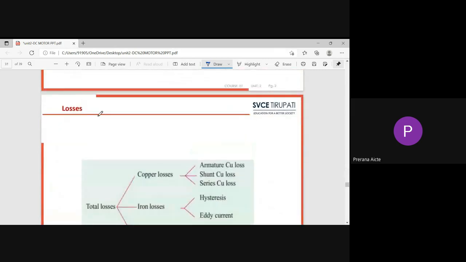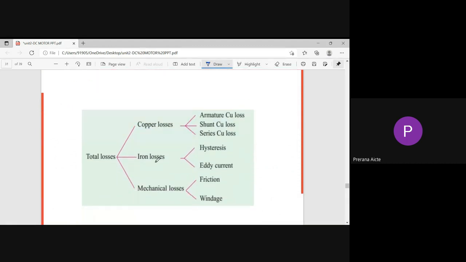Next topic is losses. Generally, what are the losses here? Total losses of DC machines are copper losses, iron losses, and mechanical losses. Again, the copper losses are categorized into armature copper losses, shunt field copper losses, and series field copper losses.